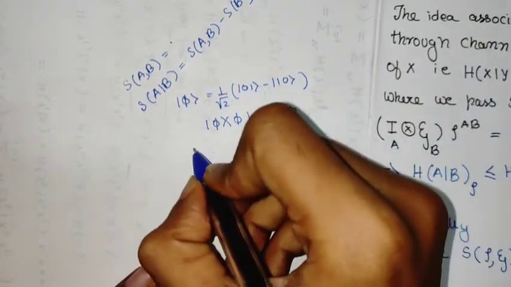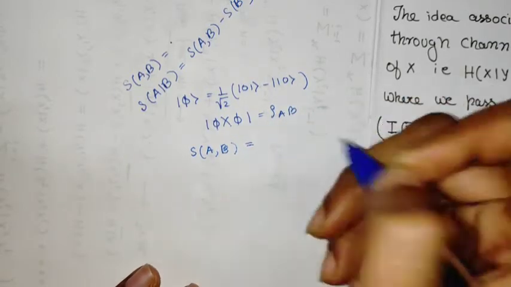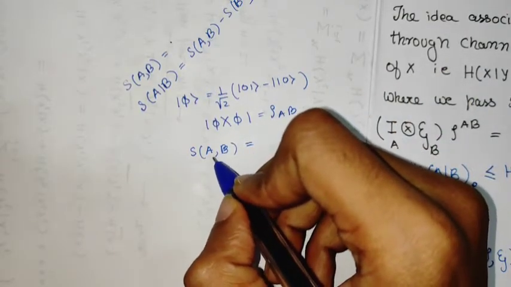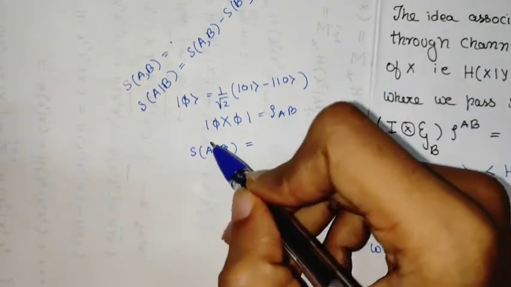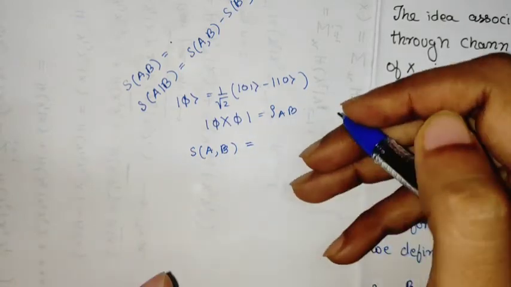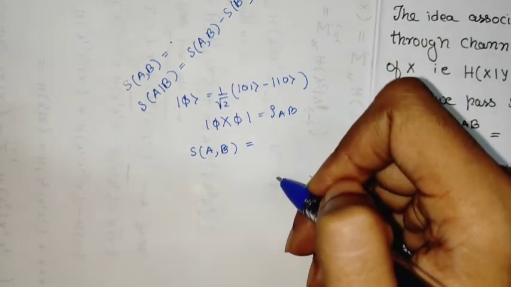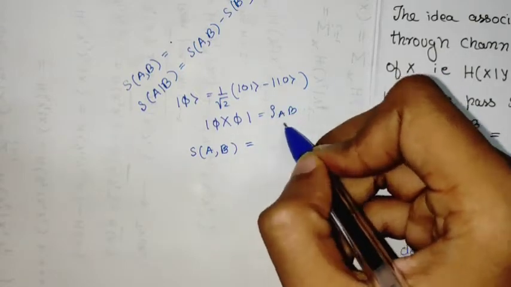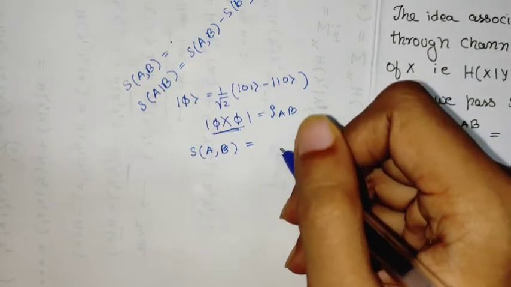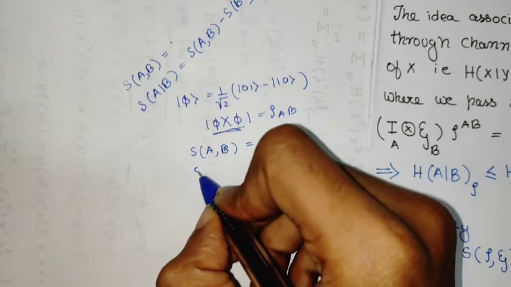So for this state, S of A and B will be simply 0, because if you do the spectral decomposition or the eigenvalue decomposition of rho AB, it is simply the Shannon entropy, that is minus the summation of Pxy log Pxy. But here the spectral decomposition is already done and there is only one eigenvector associated to this. So that's why it is 0. So S of A and B is 0.